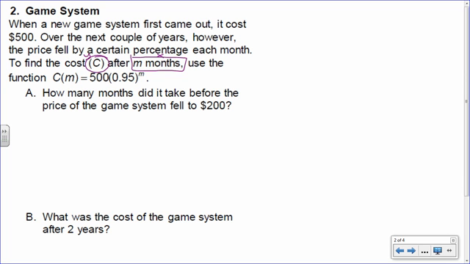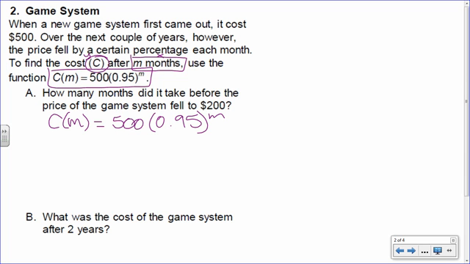So now we have the function. It is given to us. And it says here, how many months did it take before the price of the game system fell to $200? So what we're going to do is take the equation given to us, and if you notice right here, the 500 represents the original price of the game system.